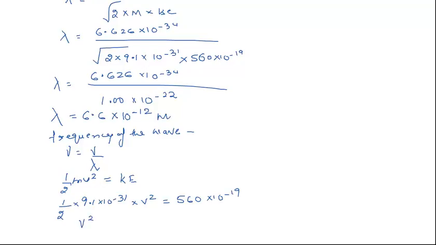So your v square will be equal to 560 into 10 to the power minus 19 multiplied by 2, that is 1.12 divided by 9.1.